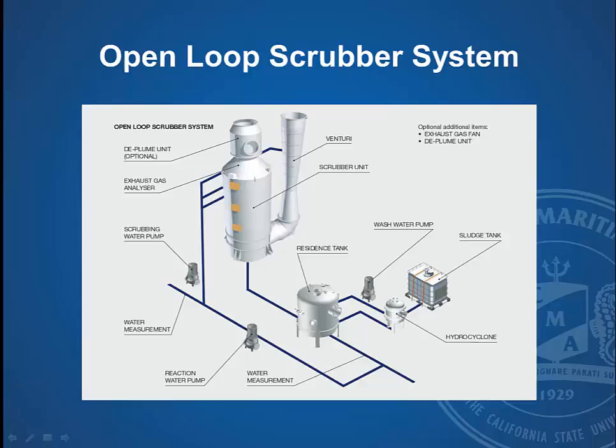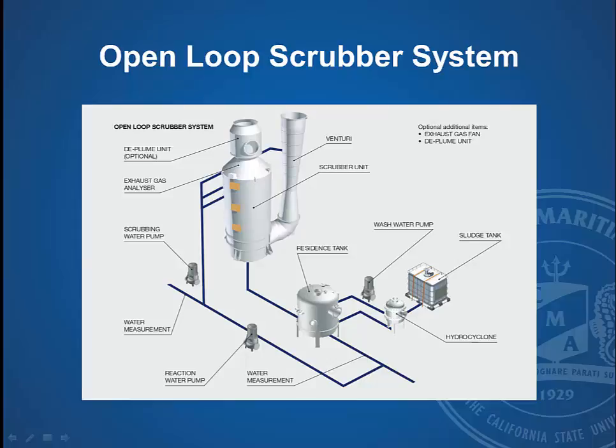This is an open loop scrubber system produced by the Wärtsilä company, and it is made to remove SOx and particulates from your exhaust emissions from the main engine. And you can use both the main engine and auxiliary engines in these types of scrubber systems.